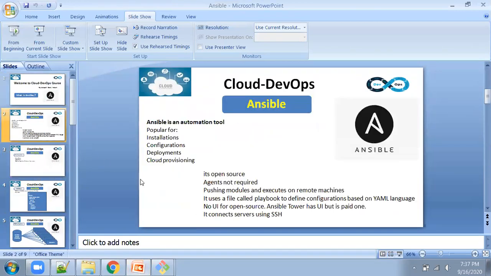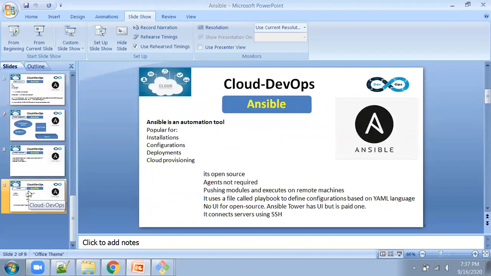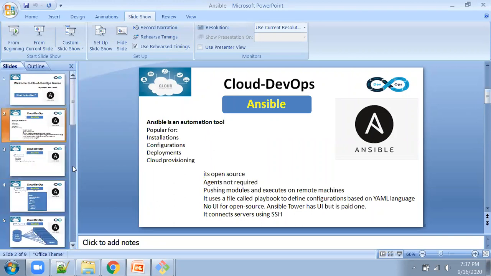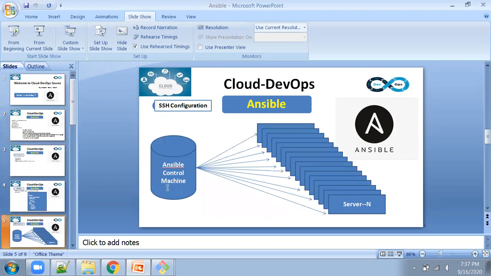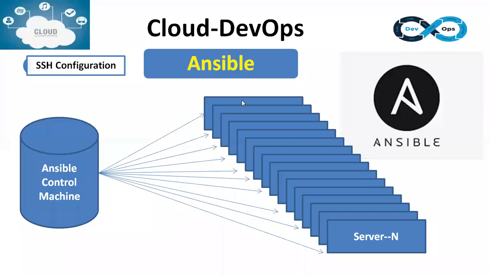Ansible can be used for many different purposes, and this is the starting point for you to get started on how we can connect with SSH between multiple servers. Basically, the SSH connection is needed between the Ansible control machine and all the different servers. Once you are able to connect, you can perform whatever task you want: installing something across all the servers, uninstallation, a deployment, or configuration.